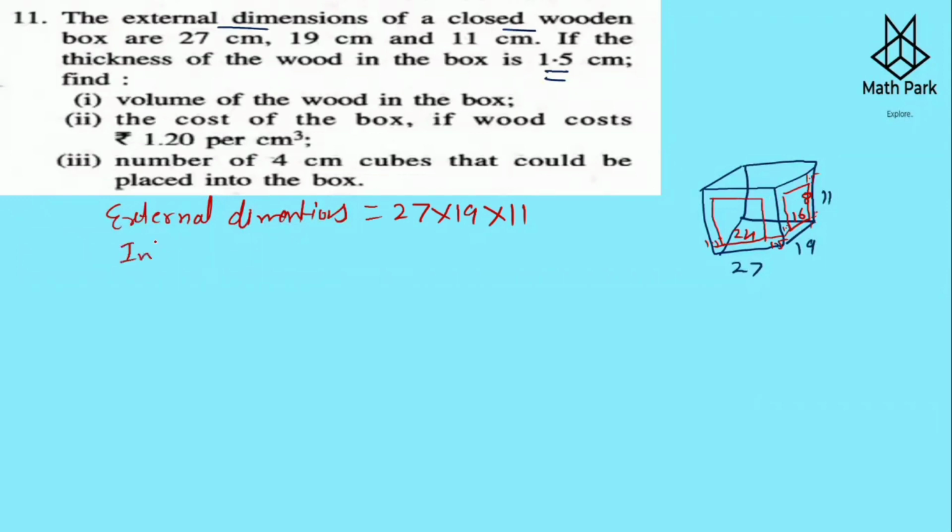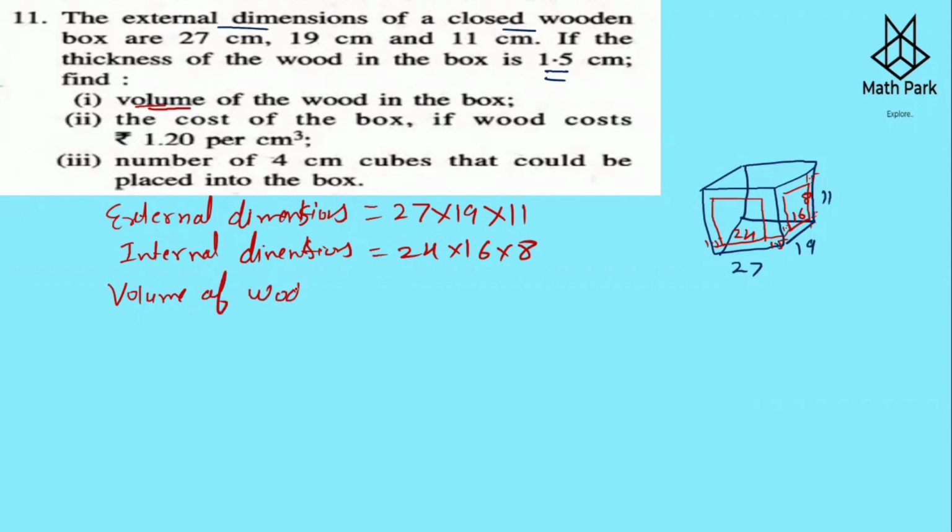So your internal dimensions are: you got the length as 24, the breadth as 16, and the height as 8. You are asked to find the volume of the wood in the box, that is, how much wood is being used.